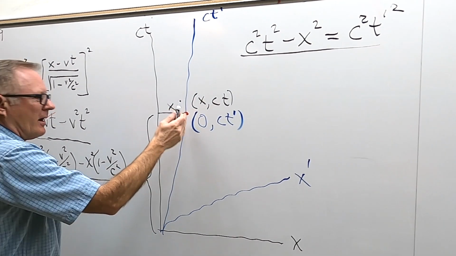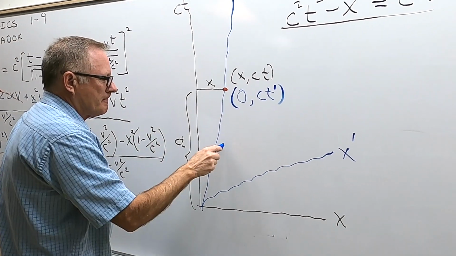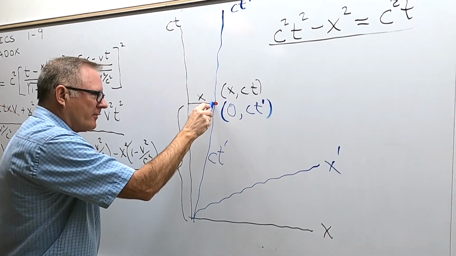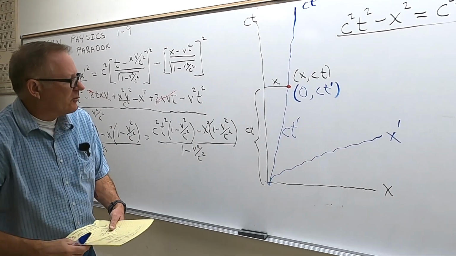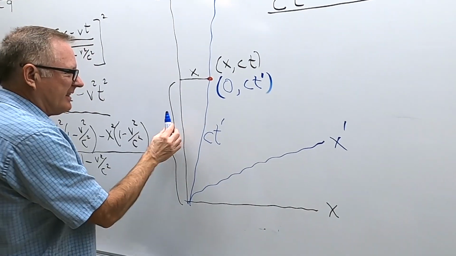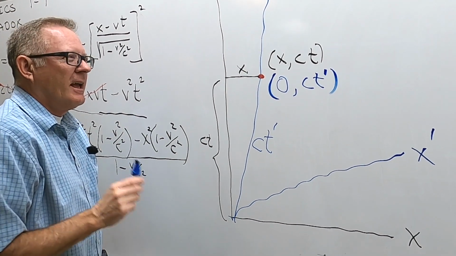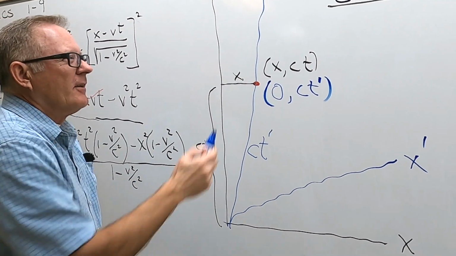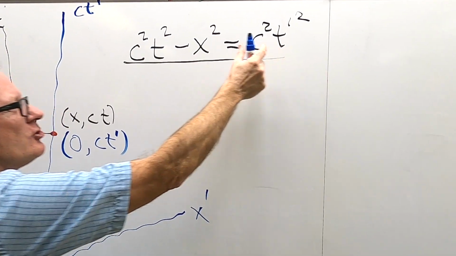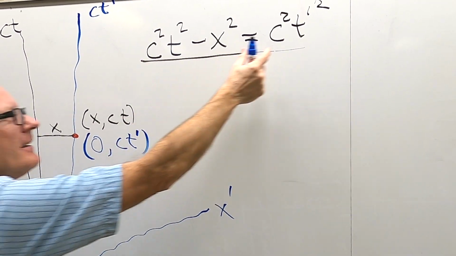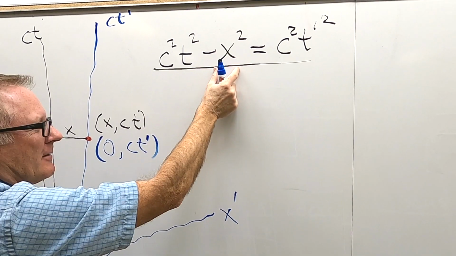Well, where is ct prime? ct prime is from here to here. You notice we have a triangle right here. Normally, when you work with triangles, you have Pythagoras's theorem, where this squared plus this squared equals that squared. But we don't have that. Pythagoras doesn't work. If you look at this equation, this is shorter than this because c squared t prime squared is c squared t squared minus some stuff.